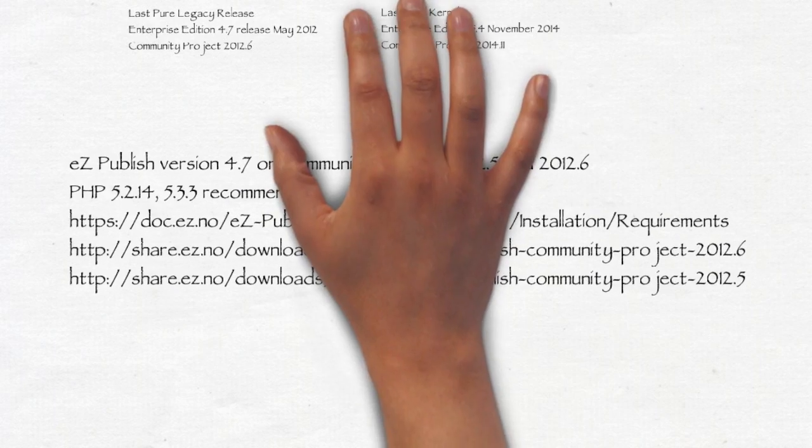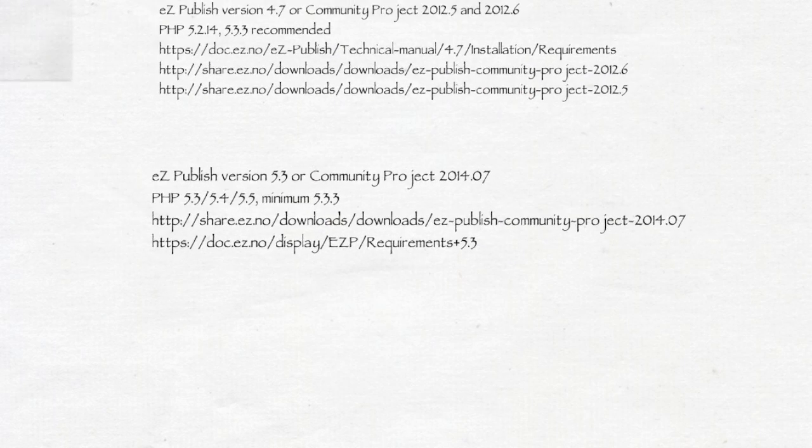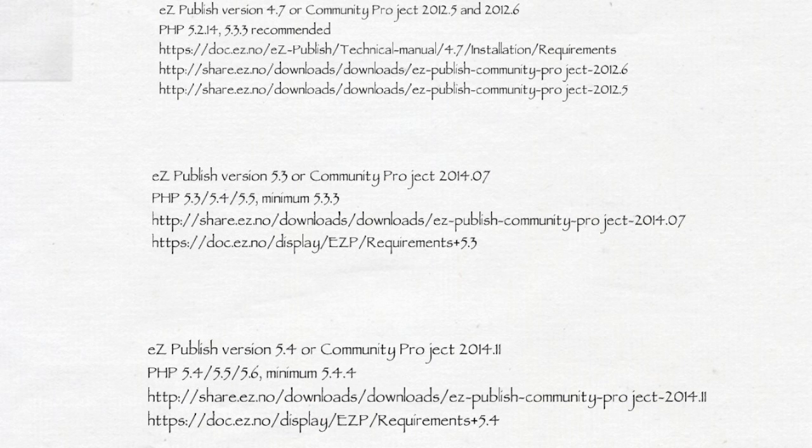A final step in consideration of versions is the system requirements of each version. If you're considering upgrading an existing system, or you've developed custom extensions that you plan to use, it would be wise to make sure that the version choice you make has the same system requirements that your current project or customizations are based on.